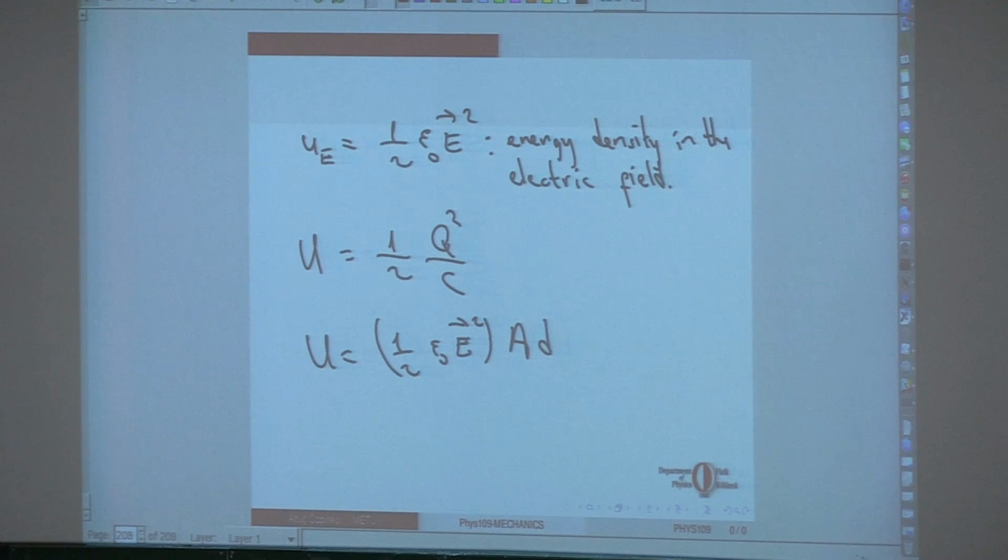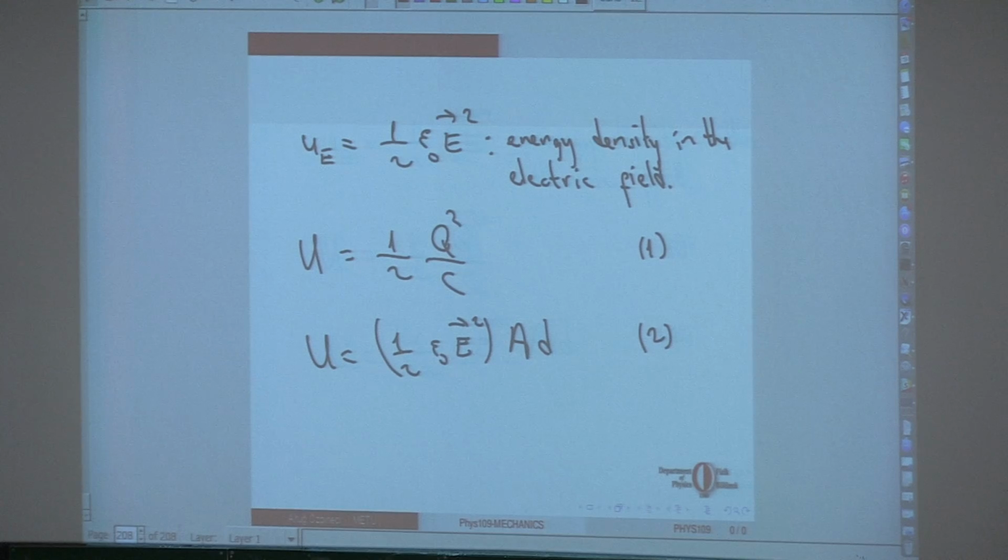You see, now, if you look at this expression, the first one, and if I ask you the question, where is this energy stored? What would be your answer? Now, the first expression would tell me that the energy is stored in the charges. If I don't have any charges, I cannot have any energy.